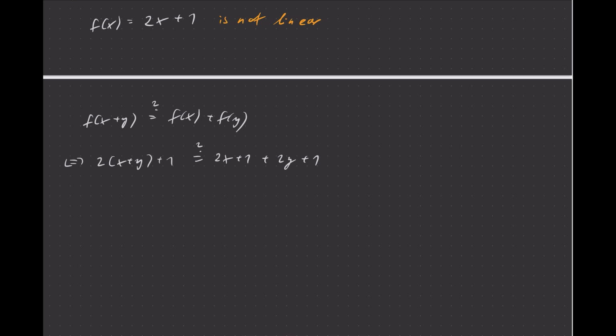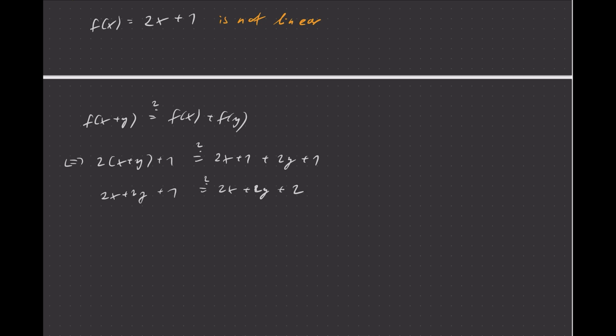Now you can already guess that this is obviously going wrong here. So we have 2x plus 2y plus 1 on one side, and we have 2x plus 2y plus 2 on the other side.